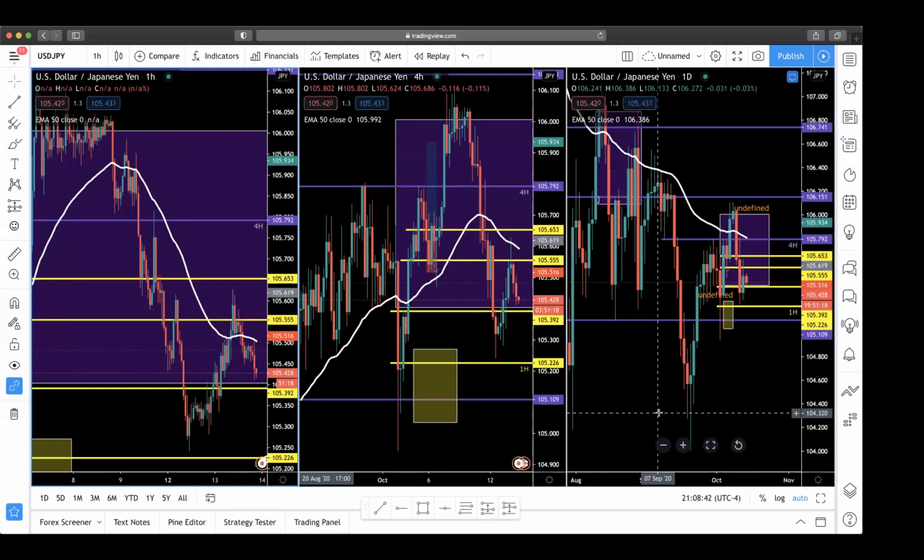All right, so I'm coming to the charts, guys. There are 3 charts that I have to pick out: a structure chart, an entry setup chart, and then my candlestick entry chart. Those 3 charts correlate with each other.